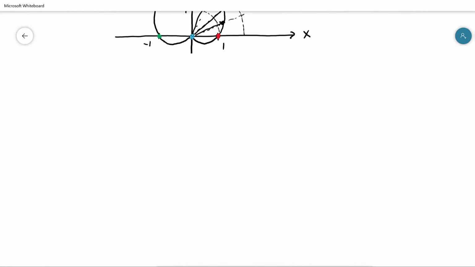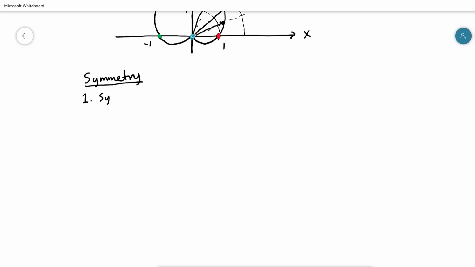So one thing that can be useful is talking about symmetry. There are different ways that these polar graphs can be symmetric. So let me just label them. Three different types of symmetry that we're going to look at.